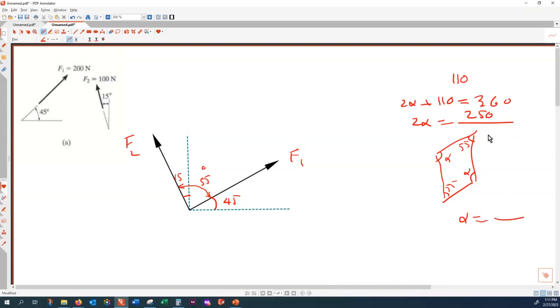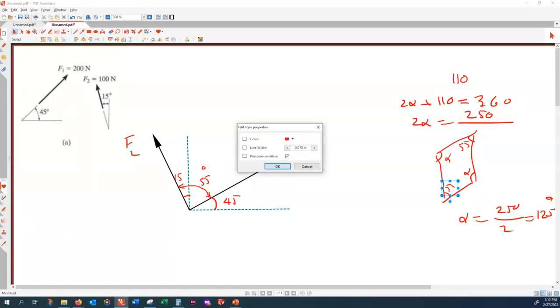Alpha is 250 divided by 2, which is 125 degrees. Okay, yes, I think I made a mistake. Thank you for correcting me. That was just on time. This is not 55. And I just see that this was Chesa. Well done, Chesa. I'm glad you are paying attention to things.